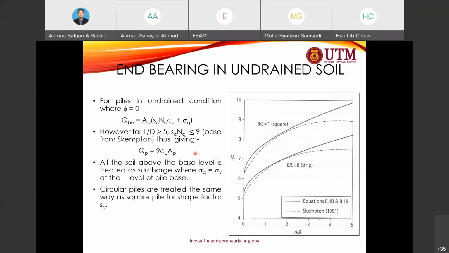We may discuss in detail by looking at the example later. The value of NC depends on the type of pile, either square or strip.